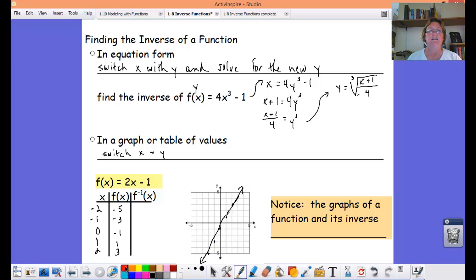Now, according to this, to find the inverse, you switch x with y. So if these now become our inputs, this is going to be in my inverse, that's the input, this is the output. And I can find the output just by switching. So if x is -5, y will be -2.